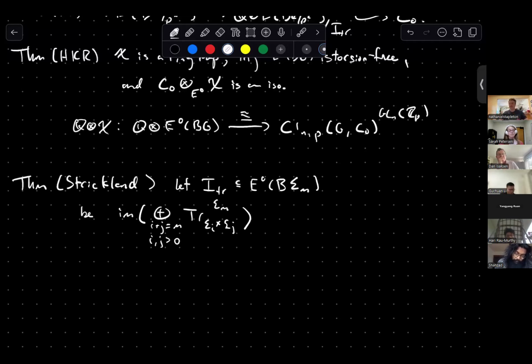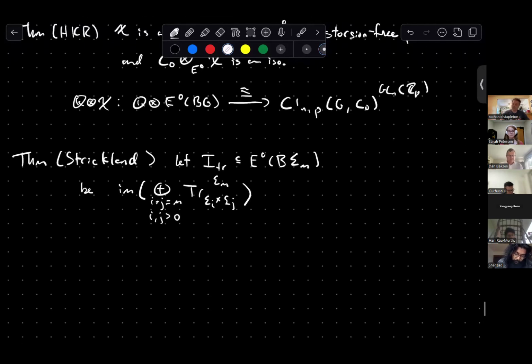So this is some ideal in the E-cohomology of BΣ_m. Then E_0 of BΣ_m mod I_transfer is a free E_0-module.